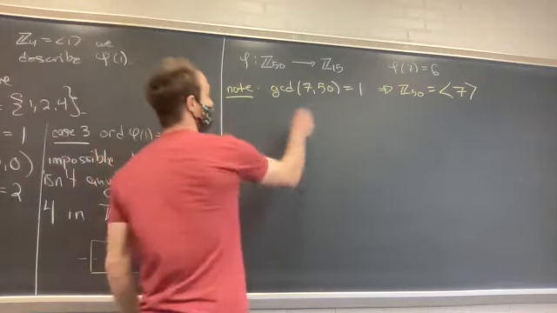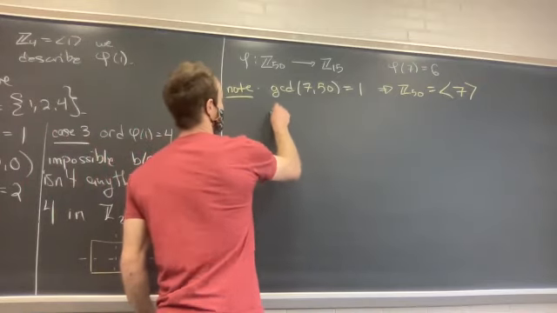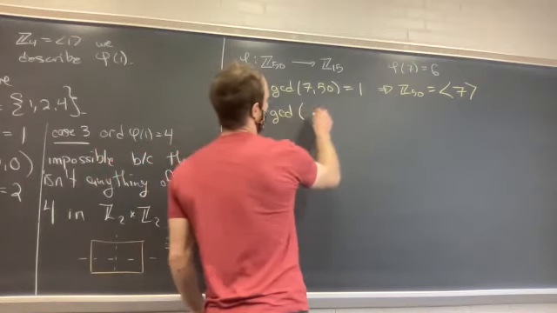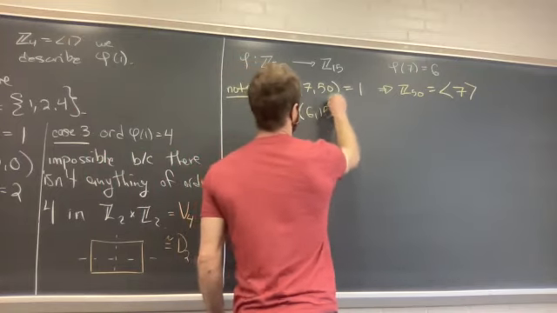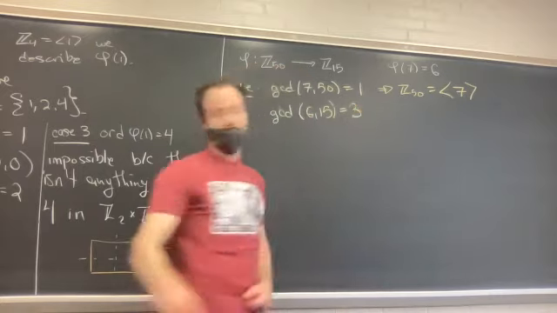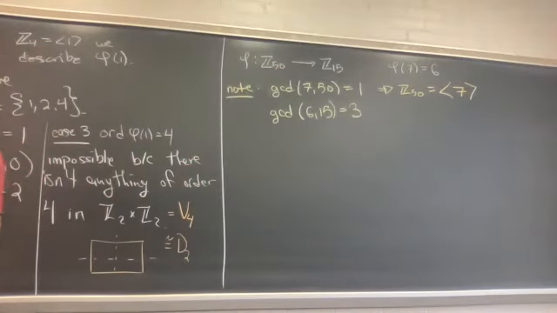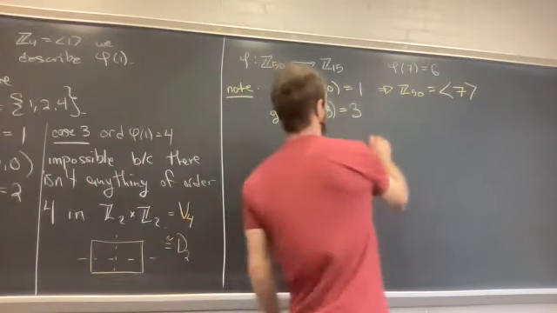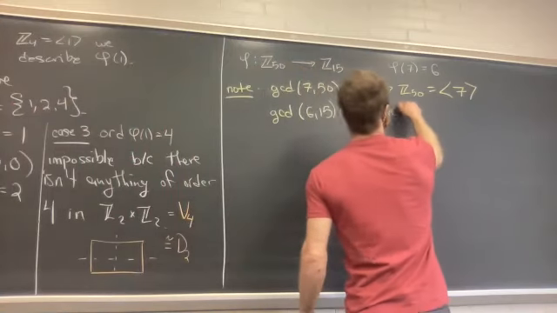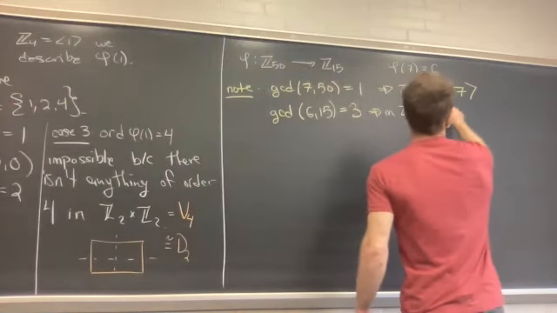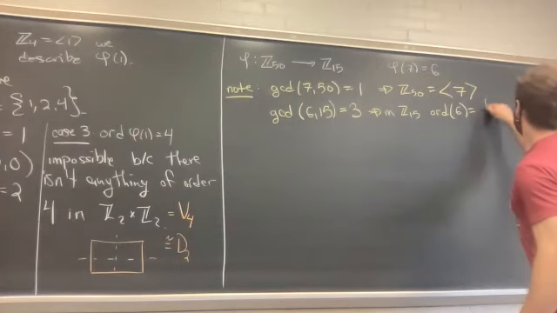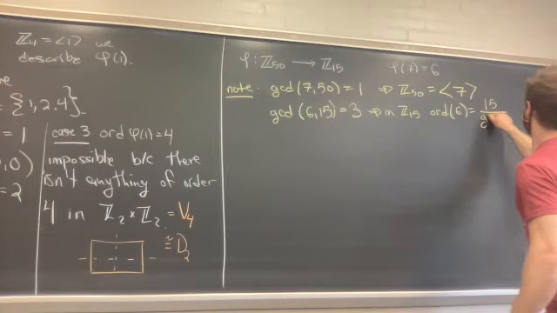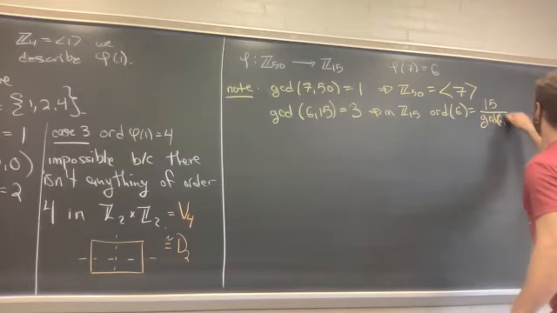And then another thing that we can notice is that the GCD of 6 and 15 is equal to 3, right? Would you agree with that? That tells us that in Z15, the order of 6 is 15 over the GCD of 6 with 15.